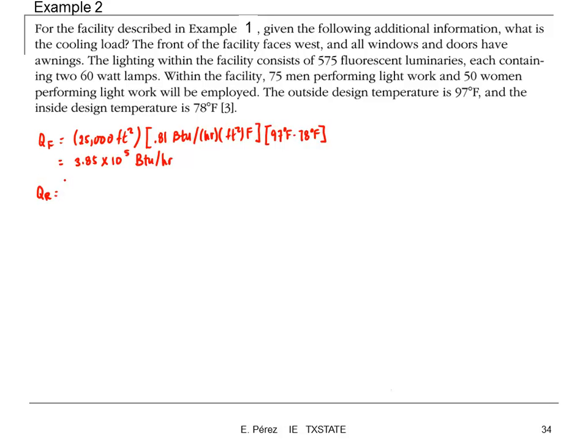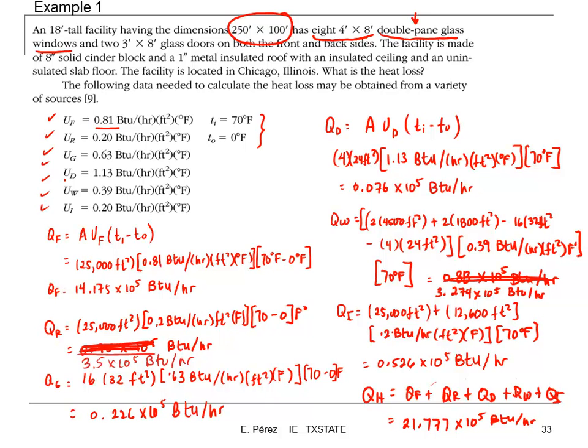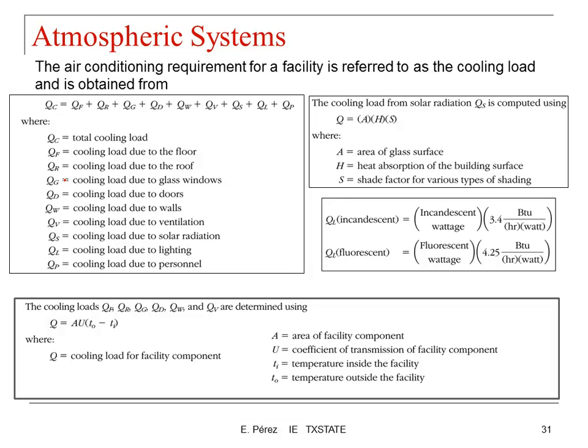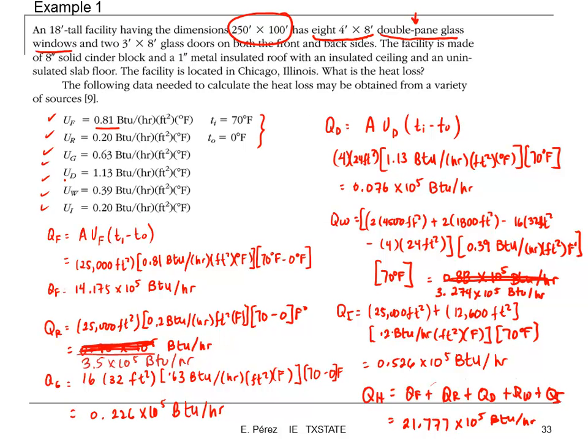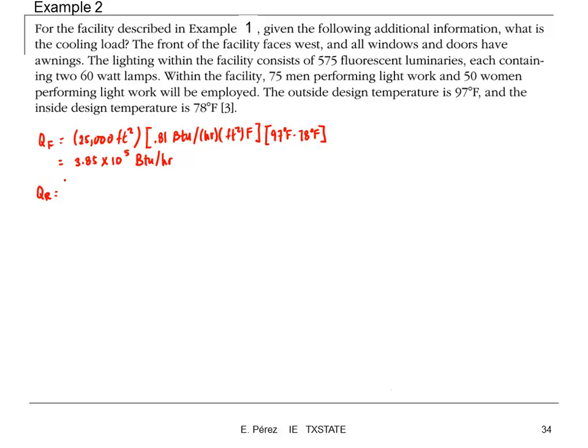Any questions? So again, QR, this is going to be computed the same way we did for the first example. QR is the cooling load due to the roof. So we need to compute the area for the roof, which is going to be the same area of the floor.